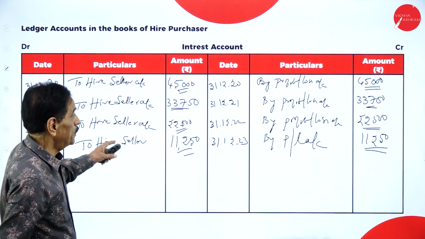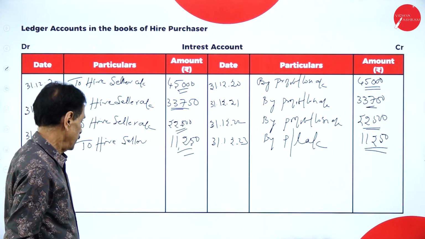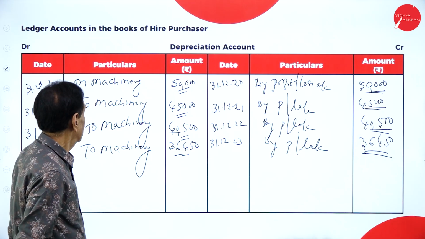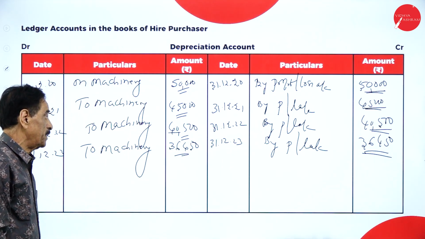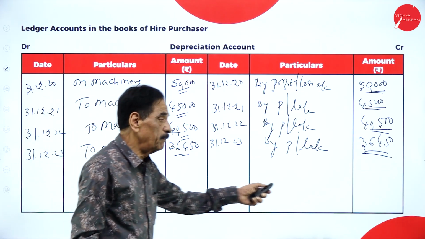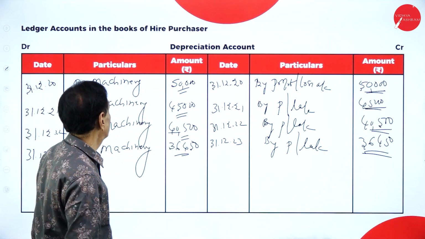So interest to hire seller by P&L account, then to machinery by profit and loss account, each year.